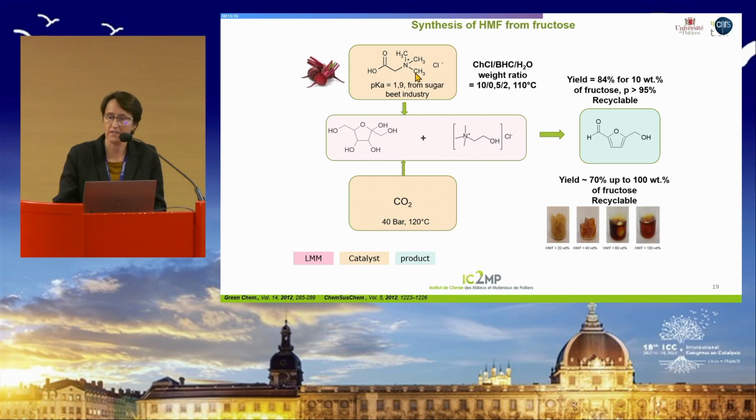Because the presence of betaine hydrochloride will prevent the formation of this deep eutectic solvent, and carbon dioxide will not be negative for the formation of this deep eutectic solvent between choline chloride and HMF.